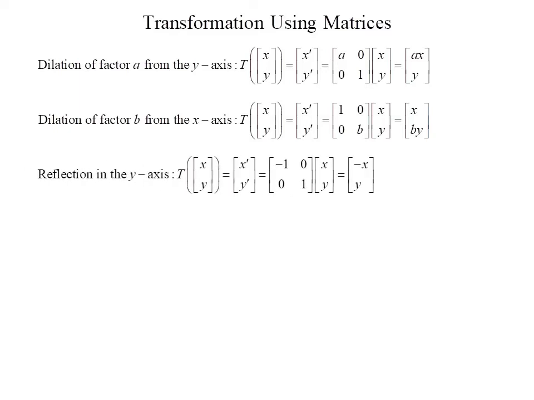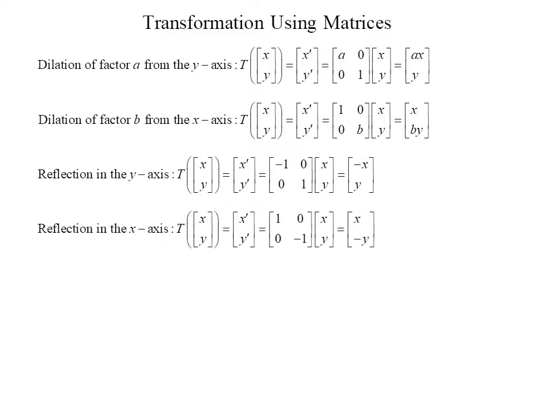As can be seen, when reflected in the y-axis, the first row of the transformed matrix becomes -x, while the second row remains unchanged. When reflected in the x-axis, the first row remains unchanged, while the second row becomes -y.